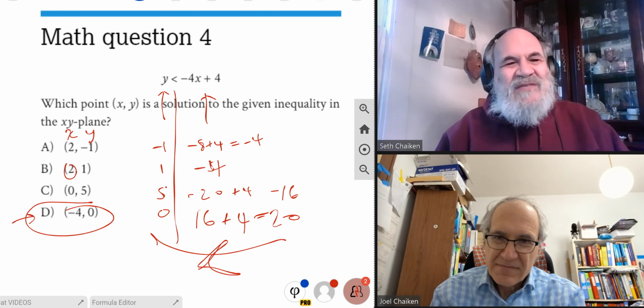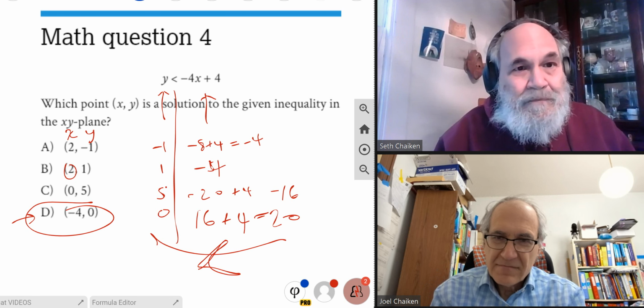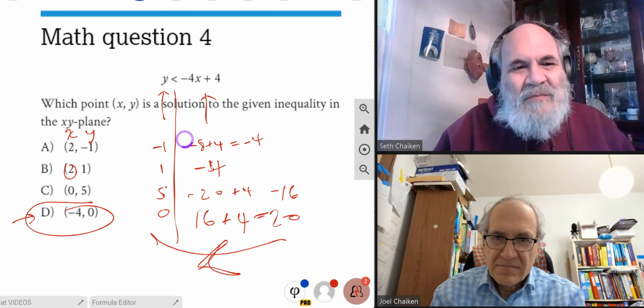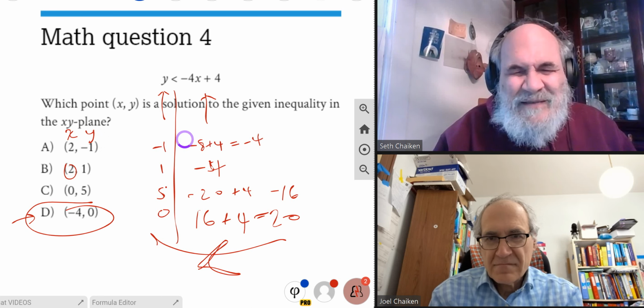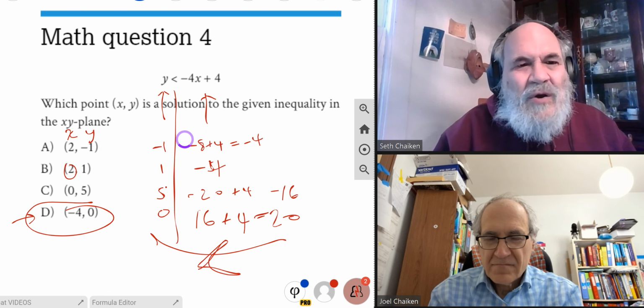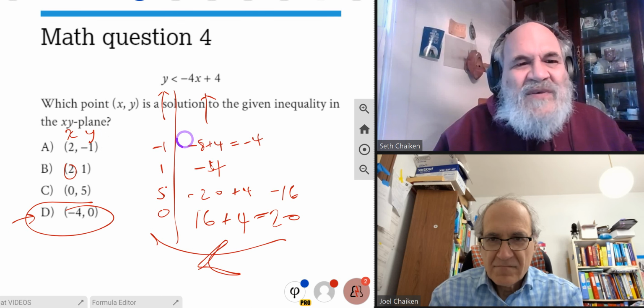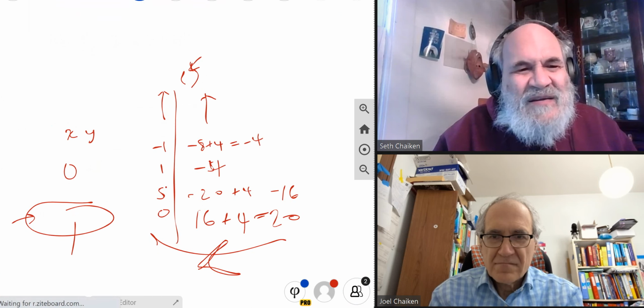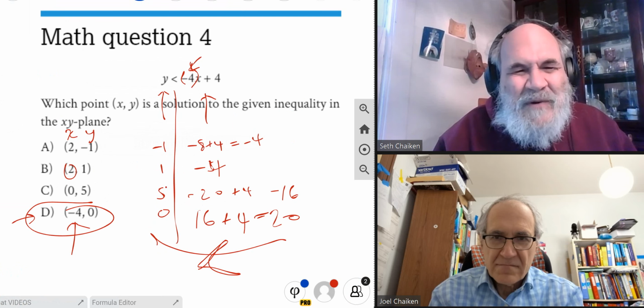Maybe a little bit more insight is that since we have a -4 multiplying the x, if x is positive, it's going to be pretty negative. So if we want the right-hand side to be bigger, we should look for negative x's, and the only choice that has a negative x is this one, right?